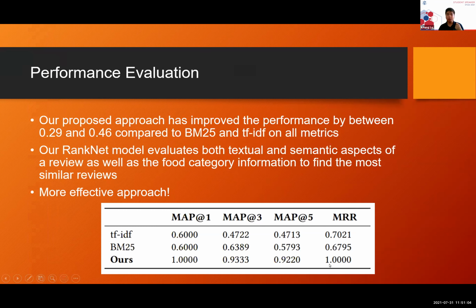One intuitive explanation for that is that our RankNet model evaluates both the textual and semantic aspects of a review, as well as the food category information to find the most similar review, while BM25 and TF-IDF only consider the textual information. So this proves that our approach is more effective and very promising for real-world application.